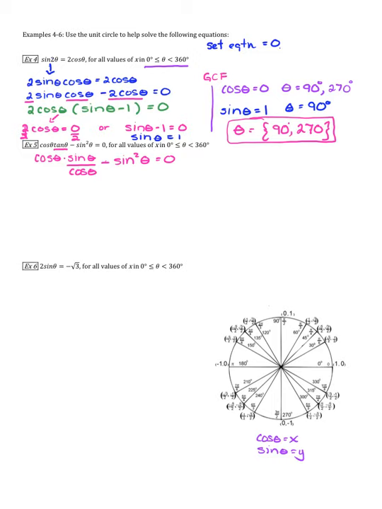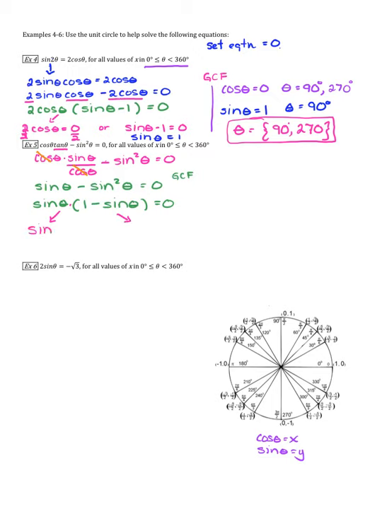Okay, well that's nice, because it lets me cancel this out. And now I am back to the same strategy we used in the other problem because I do have a GCF. I can factor out sine theta, and the first place I have a placeholder of 1, minus sine theta equals 0. And now that we've made it into a product, I'm going to set each one of these equal to 0.